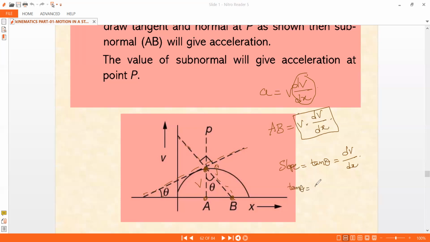Tan theta is the opposite side AB divided by the adjacent side PA. But PA is nothing but the velocity, and AB is what I want. So AB is PA times tan theta. Tan theta is dV by dx, and PA is the velocity, so AB is V into dV by dx. This AB is what is my subnormal.